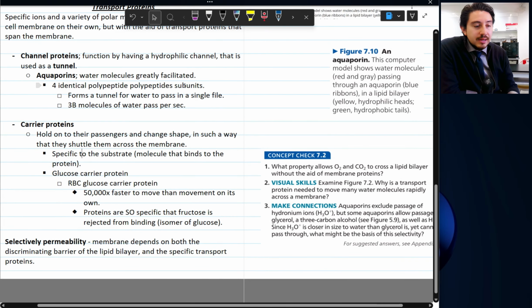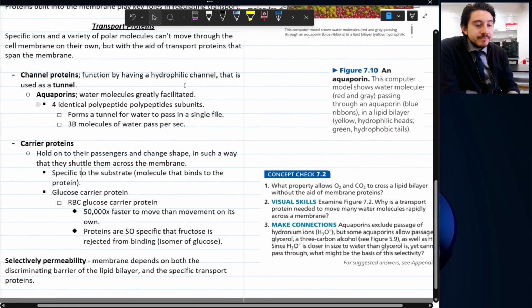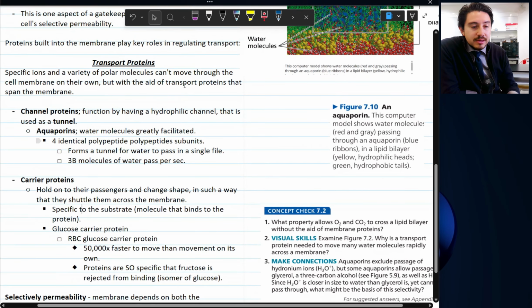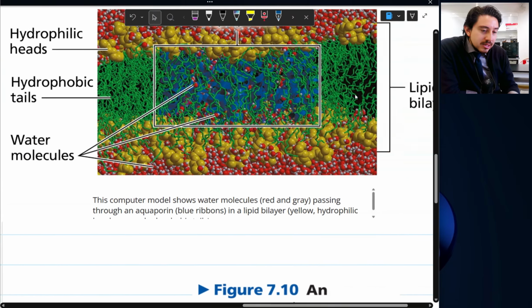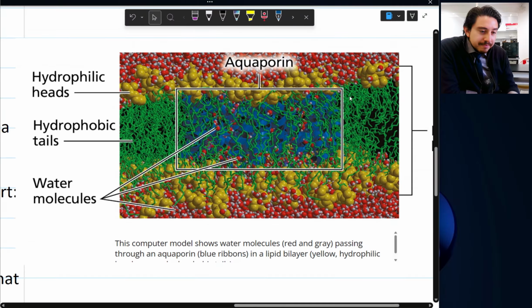What you see here is the cell membrane. Okay? In yellow, you have the heads, the green tails, okay? The bilayer. So the aquaporin will be these alpha helices that you see here. It's a little bit difficult to see. All right. So this region and this whole protein in itself enables water to pass through a lot more effectively.